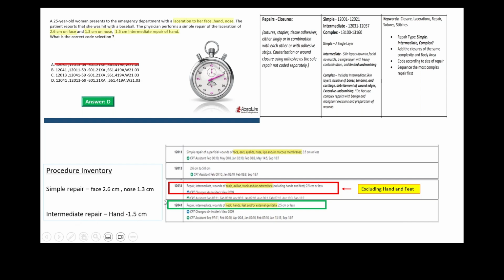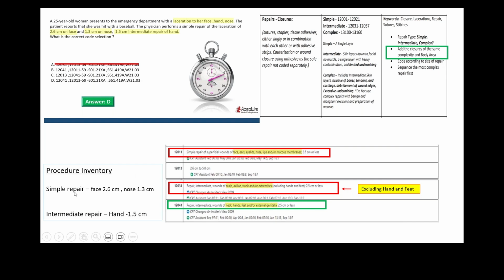But the second code in option B, 12011, is incorrect because that is coding for simple repair of superficial wounds of the face, ears, eyelids, nose, and mucous membrane, 2.5 centimeter or less, and we had a repair performed of more than 2.5 centimeter. Why? As per the FTR, add the closures of the same complexity and body area.